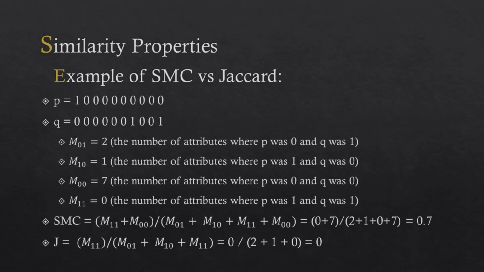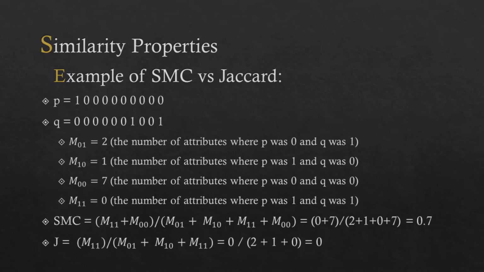So here is the formula. SMC equal to M11 plus M00 over M01 plus M10 plus M11 plus M00. So we get a value: 0 plus 7 over 2 plus 1 plus 0 plus 7 equal to 0.7.